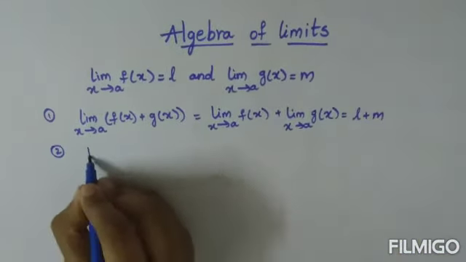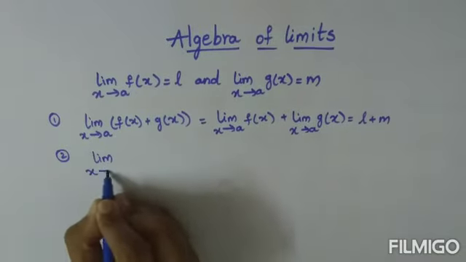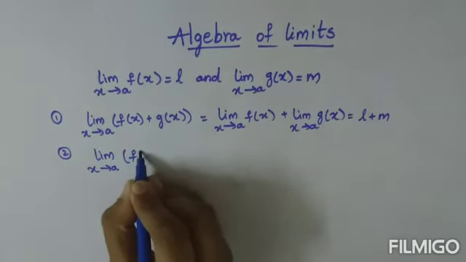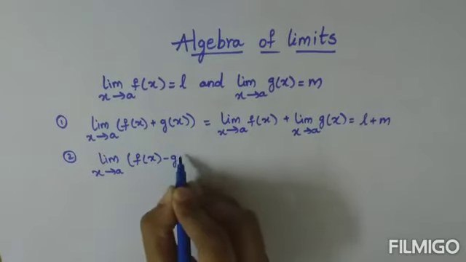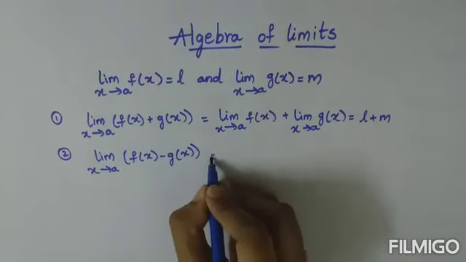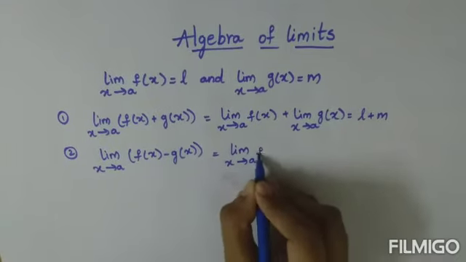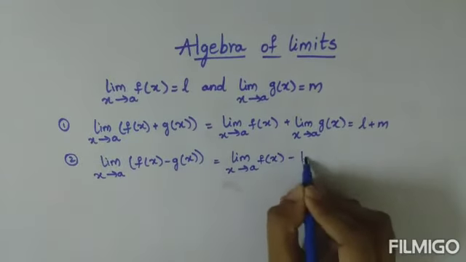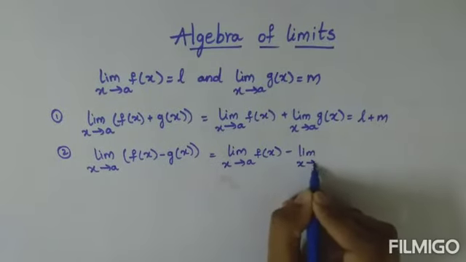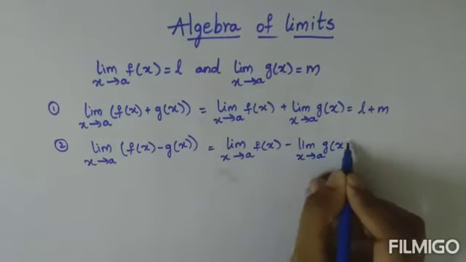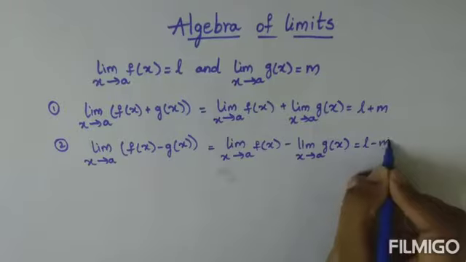Similarly, if we want to calculate limit x tends to a, f of x minus g of x, we can write this as limit x tends to a f of x minus limit x tends to a g of x, which is equal to L minus m.